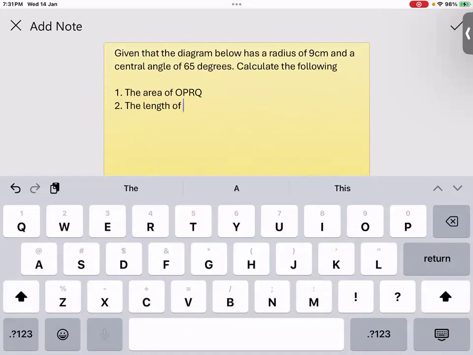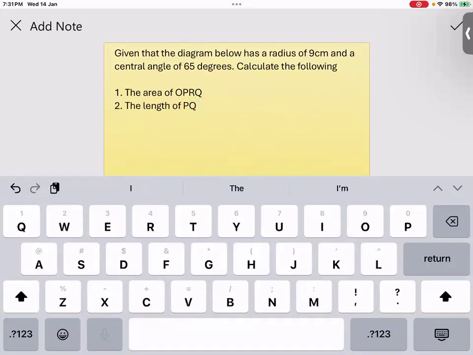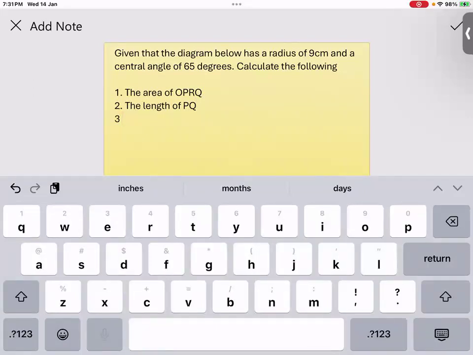The length of PQ. And I'm going to go ahead and add in something here. 3. The area of the segment.